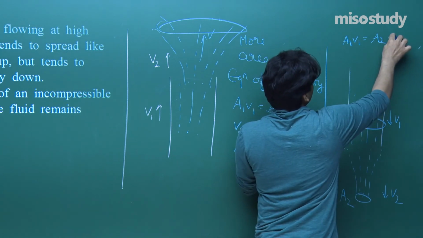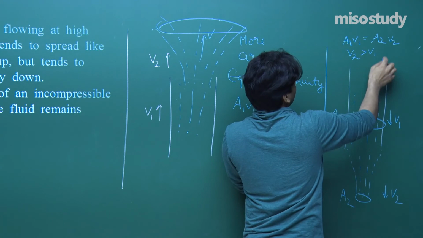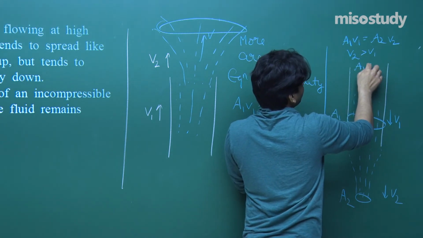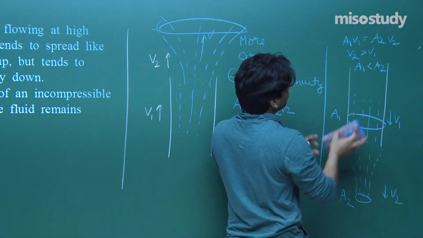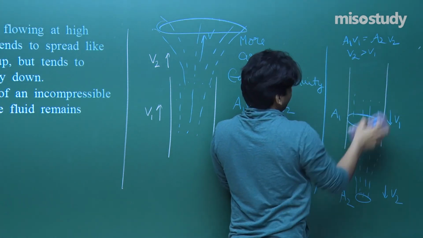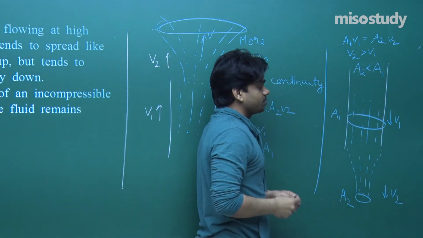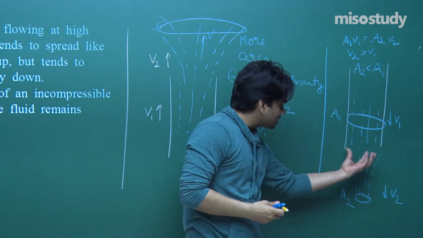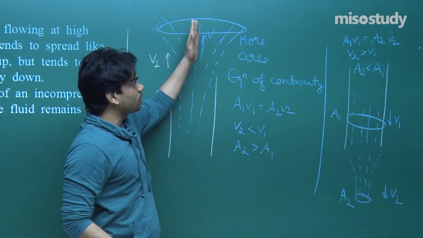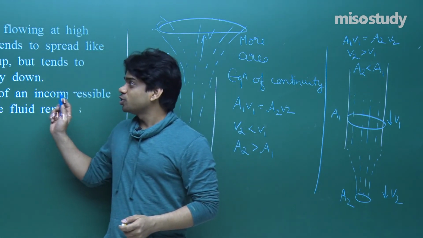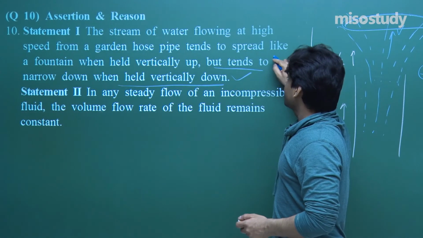Then if V2 is greater than V1, A2 will be less than A1. This is what we see. It tapers down. It gets narrow as it moves down. It actually spreads, so it will have higher area at the top. So yes, this statement is true: it tends to narrow down when held vertically down.